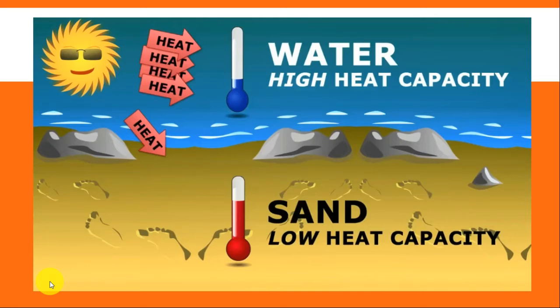The sand is made of a material that needs only a small amount of energy, and the temperature of it will increase very high very quickly. Water will take a lot of energy, a lot of energy, but the temperature of it will just increase a little bit.